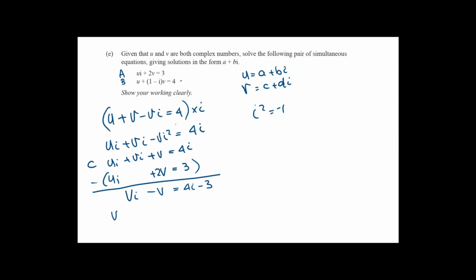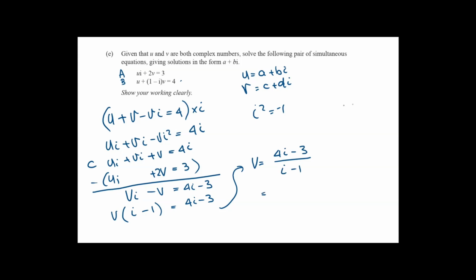So let's figure out V. V times (i minus 1). Now we almost have it. So V is going to be equal to 4i minus 3 divided by i minus 1.